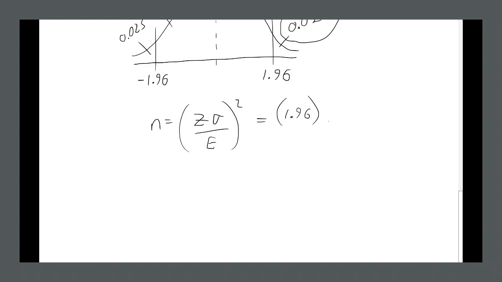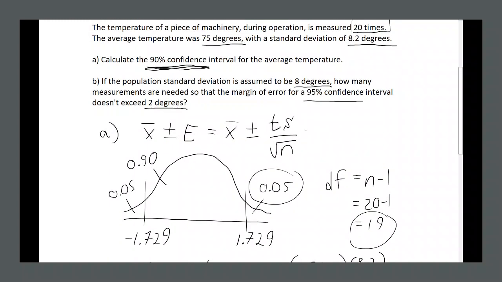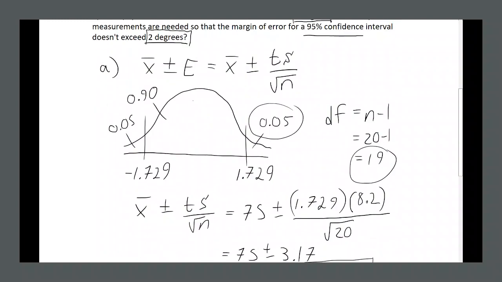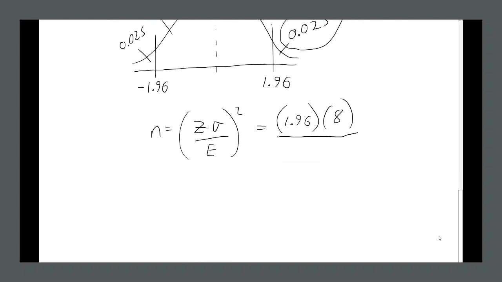We have our population standard deviation, which is assumed to be 8, based on the description right here in the question. And we have our margin of error, 2 degrees. So we have a 2 on the bottom here, and then we need to square all of that.